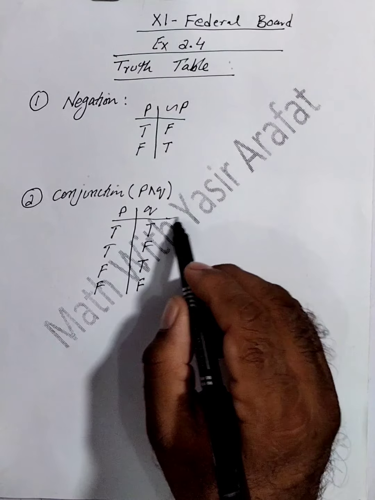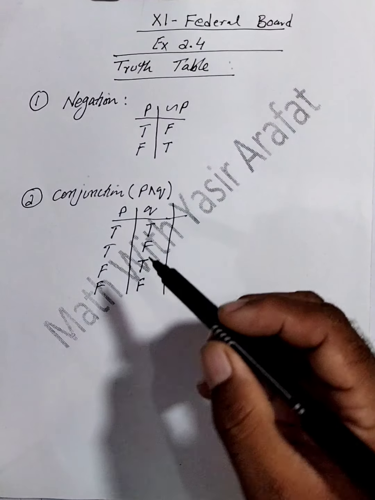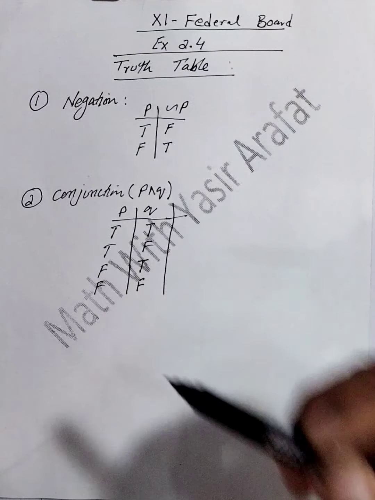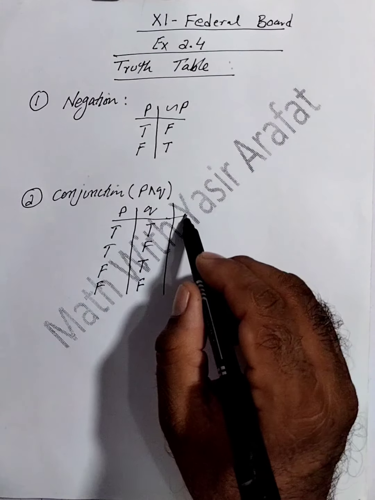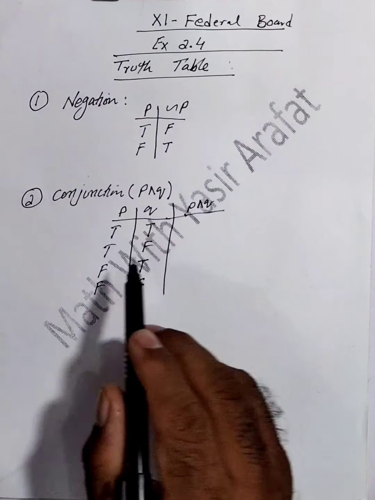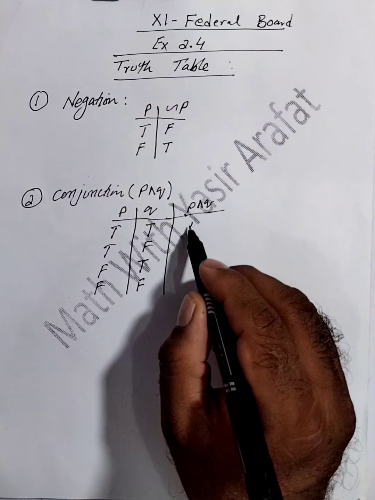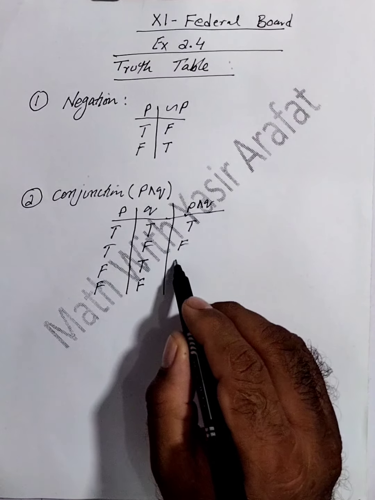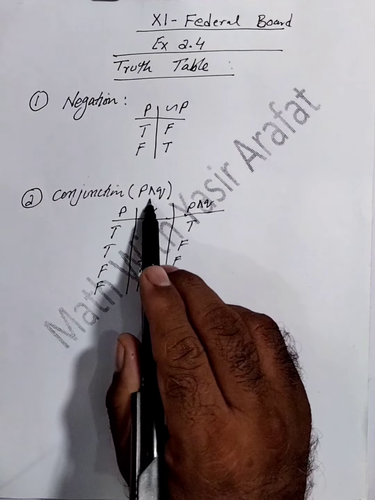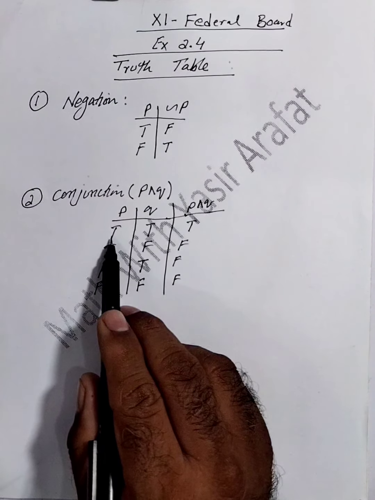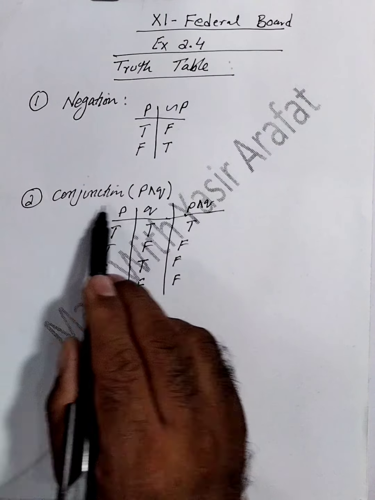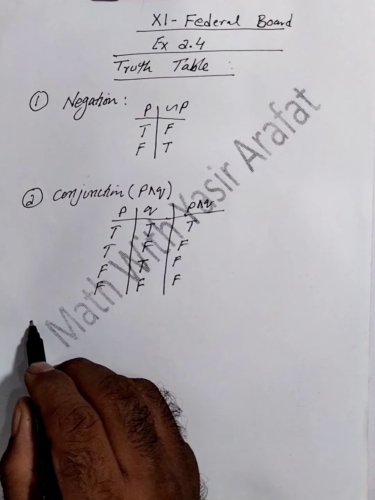Now here we have P and Q, two statements having four options. Conjunction statement, that is P and Q, is only true when P and Q both are true and the remaining all are false. These are called conjunction statements.